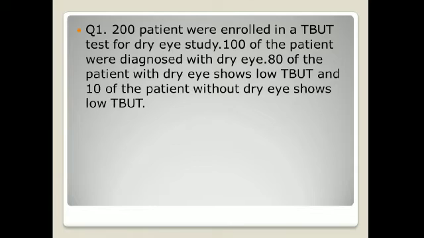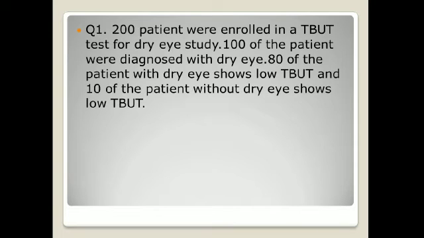patients were diagnosed with dry eye. Means the total number of patients with dry eye were 100. It means the other half, 100, will be without dry eye. Okay. So 80 of the patients with dry eye show low TBUT.